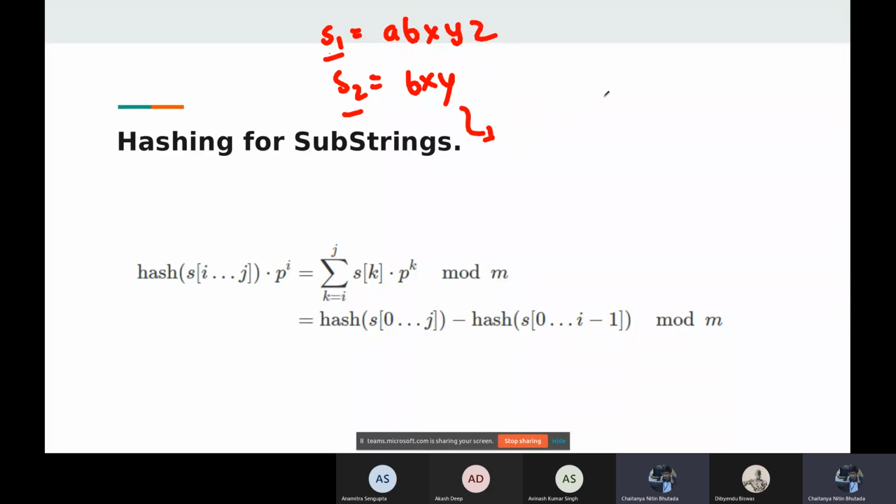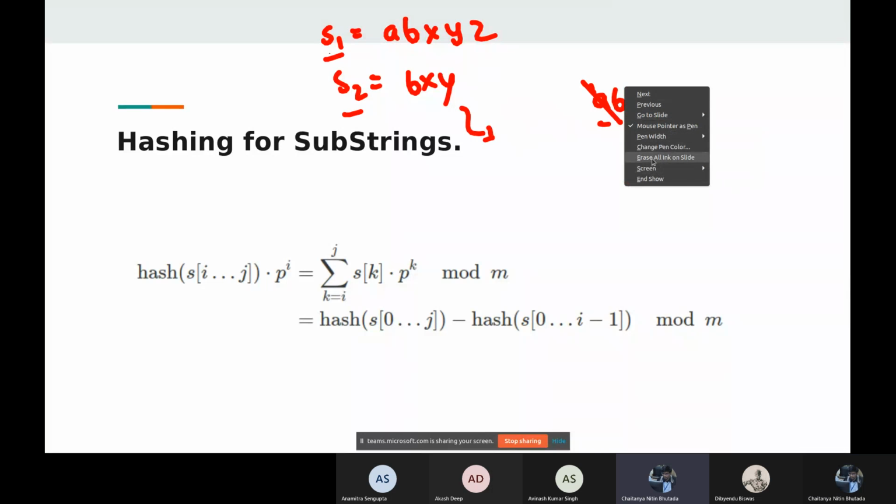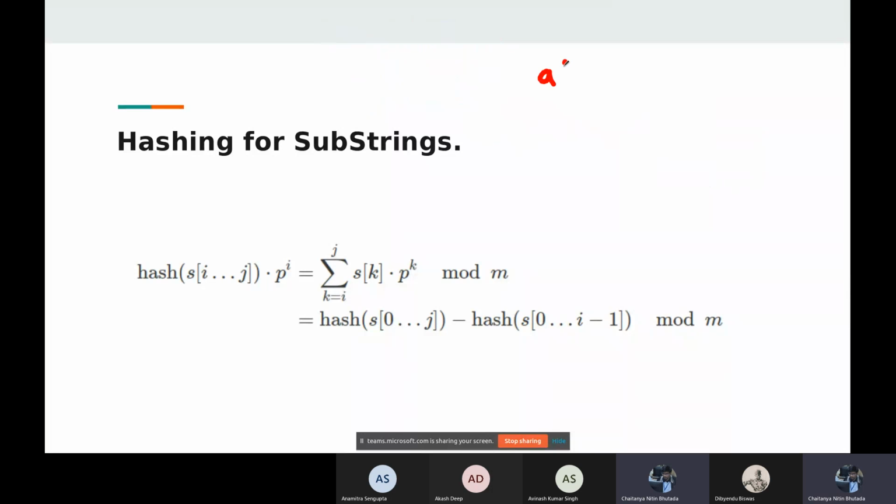I will go over it faster. So a b x y z, and b x y. In s1 we check for the first location if the pattern can start from here.